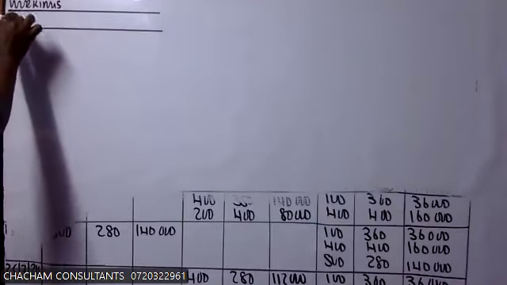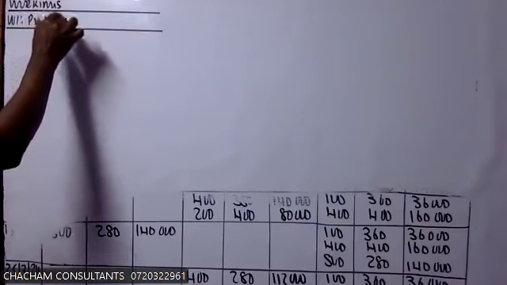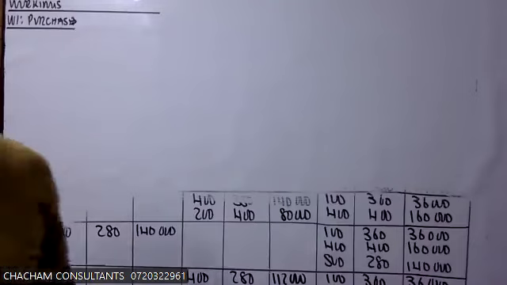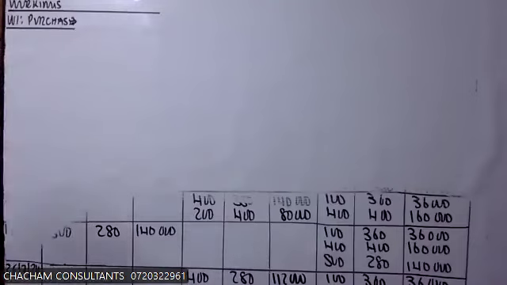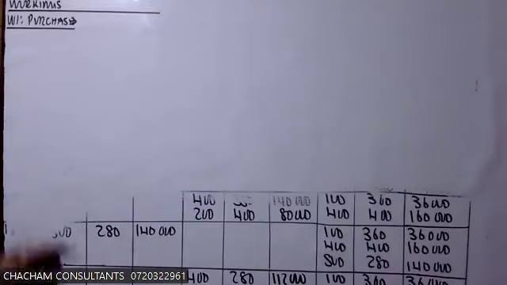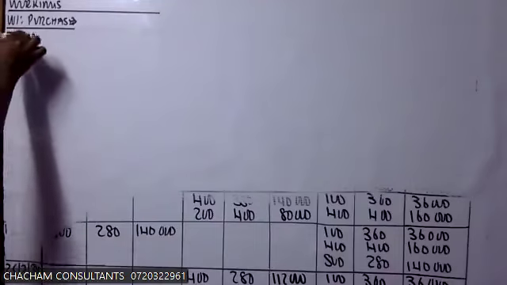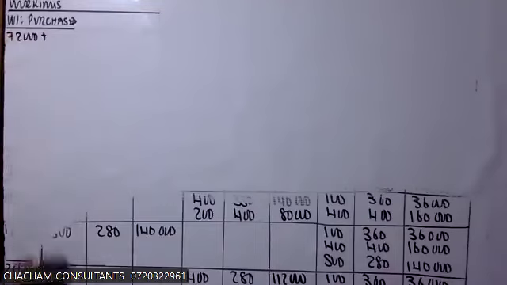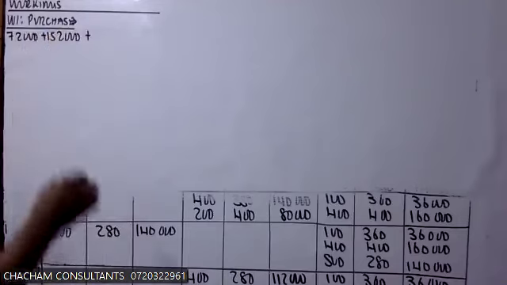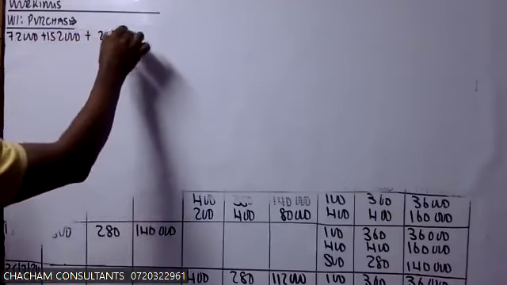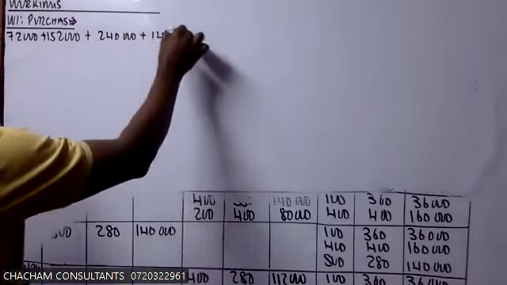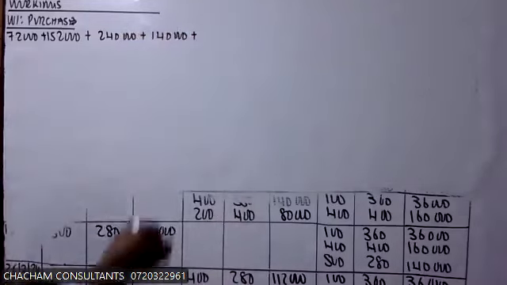So working 1 will be on purchases. What you do is add those purchases, those values: the 72,000 plus 152,000 plus 240,000 plus 140,000 plus 140,000.